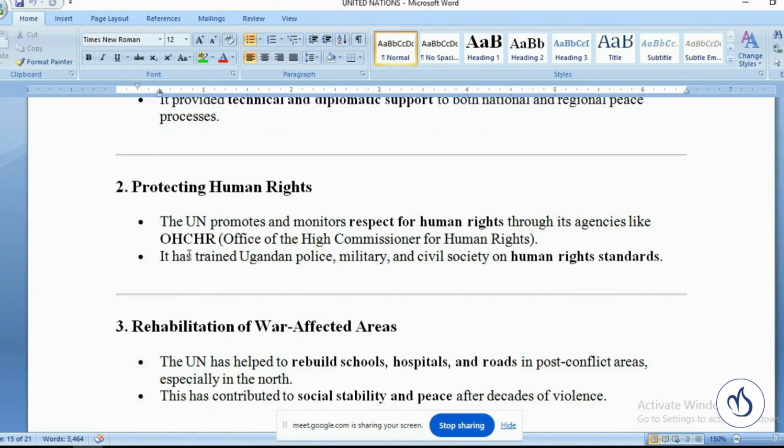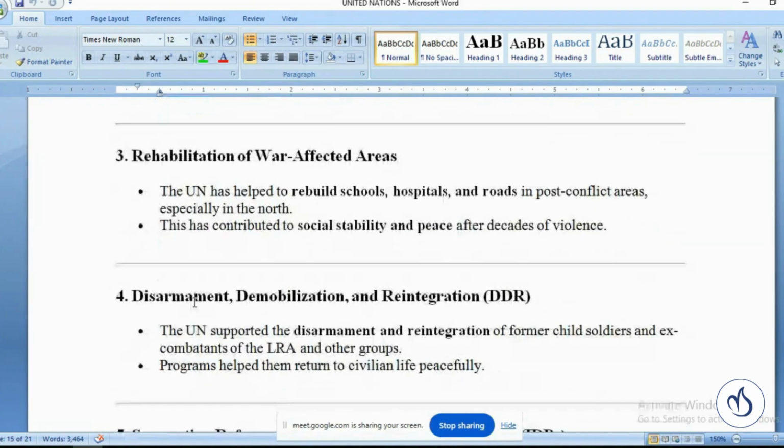Another one, we have rehabilitation of war affected areas. UN has helped to rebuild schools, hospitals, roads in post-conflict areas.